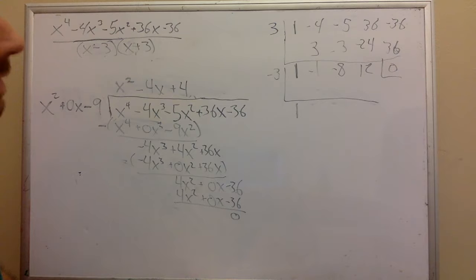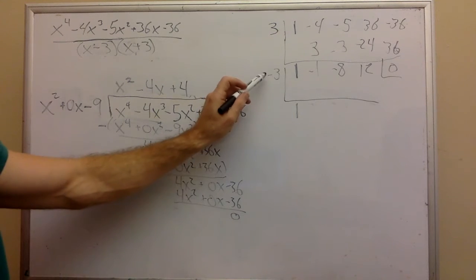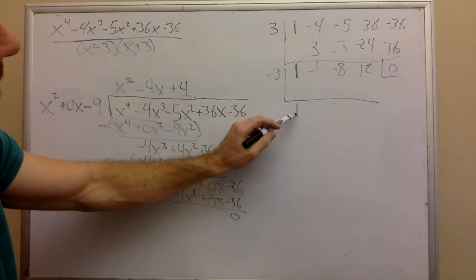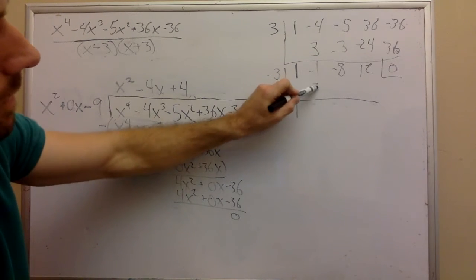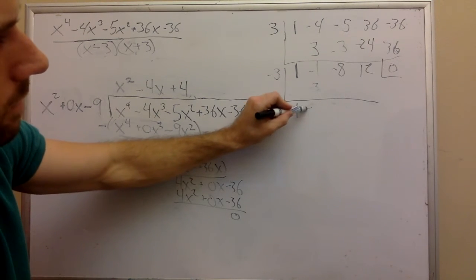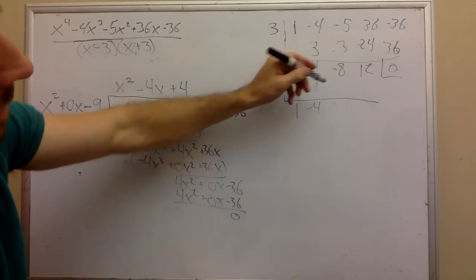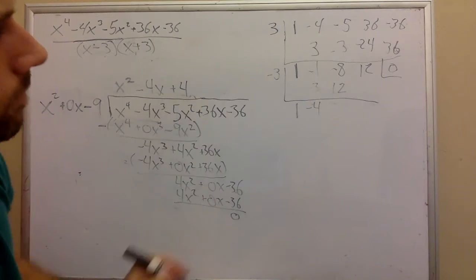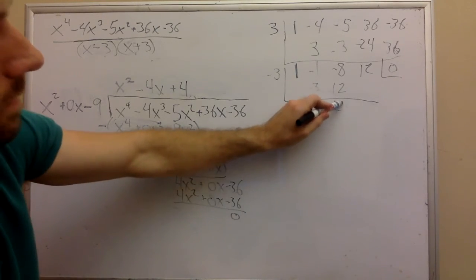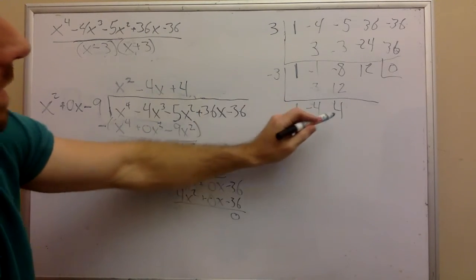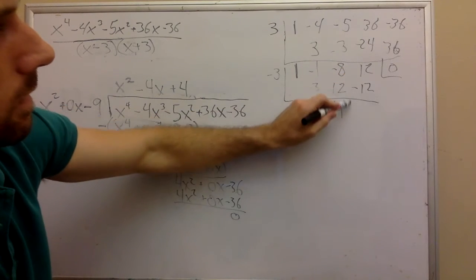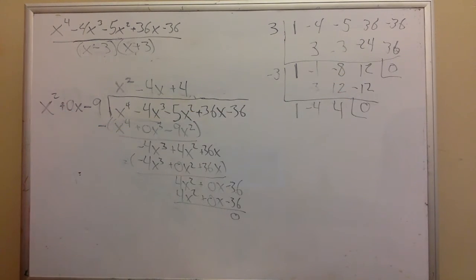Do as much as you can while the video is paused, and then continue. So I have negative 3 times 1, so negative 3. Add those together, negative 4. Multiply, that's positive 12. Add those together, that's 4. Multiply together, that's negative 12. And then I get 0.